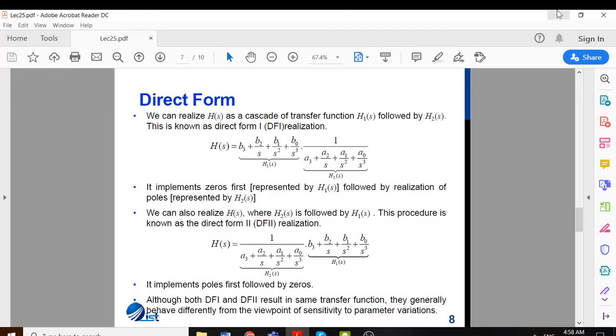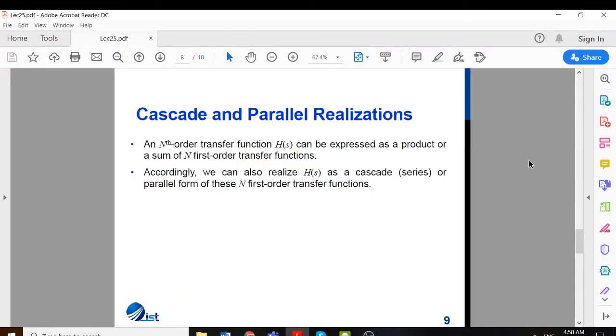Now we come to the next form, which is the cascade and parallel realizations. In the previous direct form 1 and direct form 2 realizations, we implemented the transfer function as it is, the numerator and denominator terms as they are.